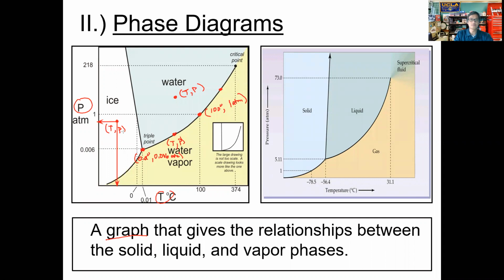So the coordinates for this point would be, since this is below 0, negative 15 degrees Celsius, and the pressure at this point is going to be less than 1, so we'll say about 0.9 atmospheres. So at every point on this graph, there is a temperature and a pressure associated with it. What we can do is each point here gives us the relationship between liquids and the temperature and pressure for a particular compound.